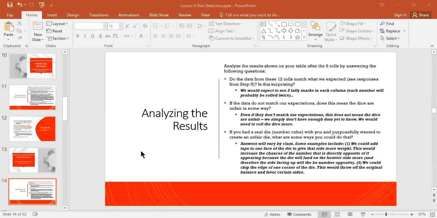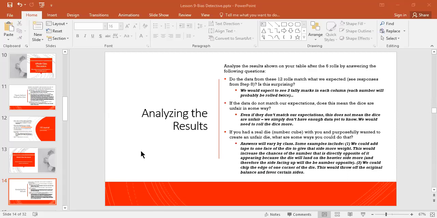Wow, you got 3 and 4 twice in a row. 6 and 4, okay. Ash got mostly 6s. Zoe didn't get any 5s. Ash didn't get any 2s. Andrew didn't get any 2s and got 3 twice, okay. Interesting, interesting, okay.